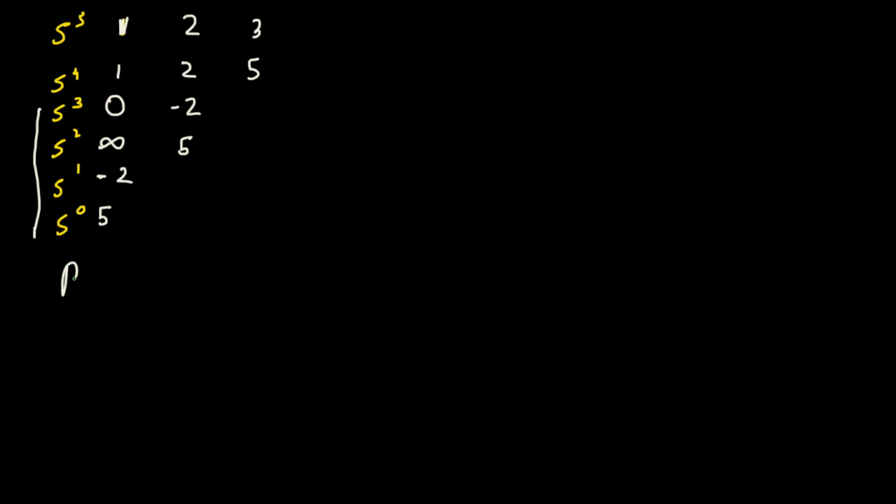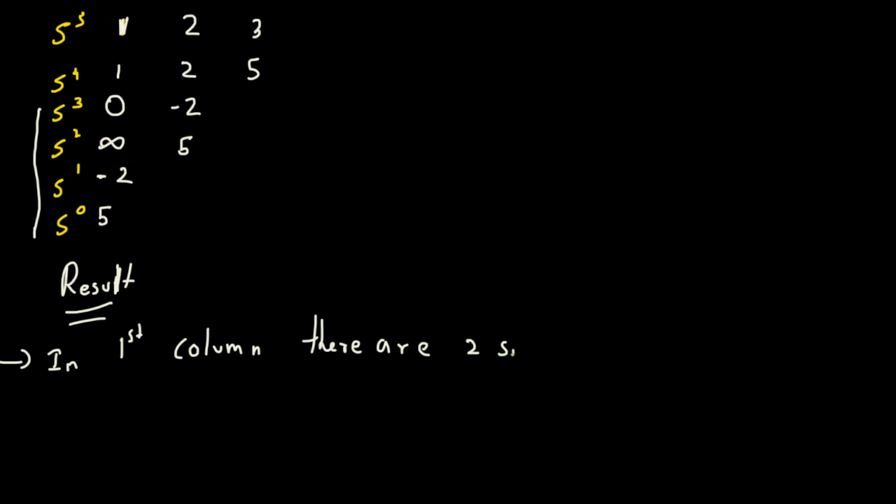We can say: result in first column, there are two sign changes, therefore the system is unstable.